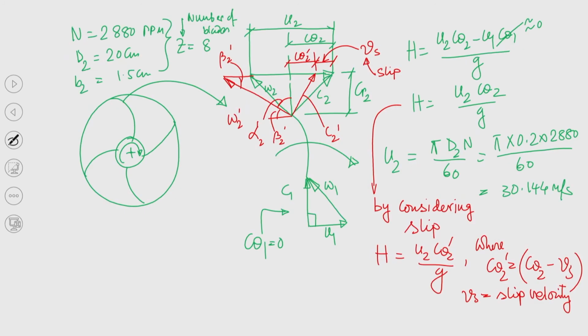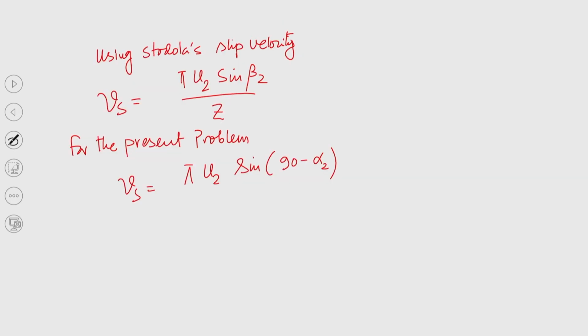So, this is not the blade angle. Okay. So, Vs should be equal to pi U2 cos alpha 2 by z, right.